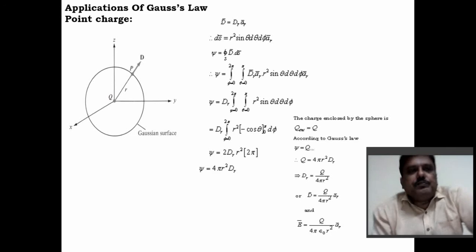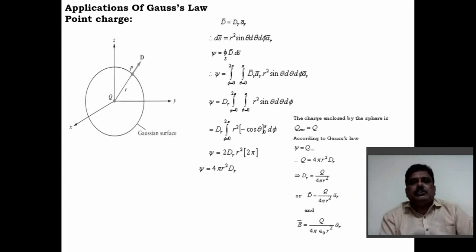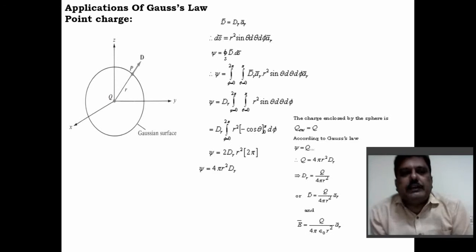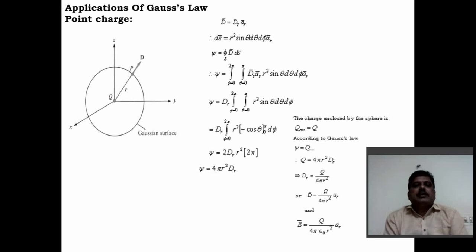Now let us see the applications of Gauss's law. The first one is the point charge distribution. Since a point is a small sphere, assume that the point charge Q is located at the origin of the rectangular coordinate system as shown in the figure.